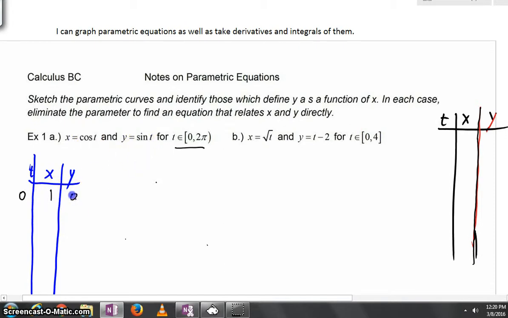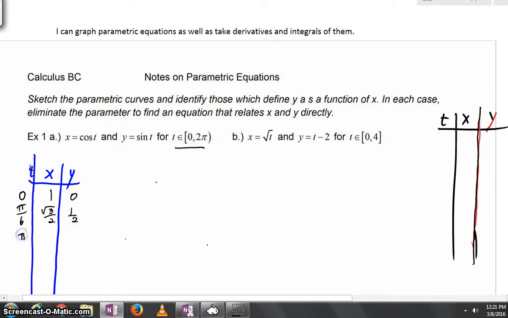The sine of 0 is 0. And you may most definitely plug in different values, such as pi over 6. Generally we're not going to do that. But the cosine of pi over 6 is root 3 over 2, or about 0.866. The sine of pi over 6 would be a half.